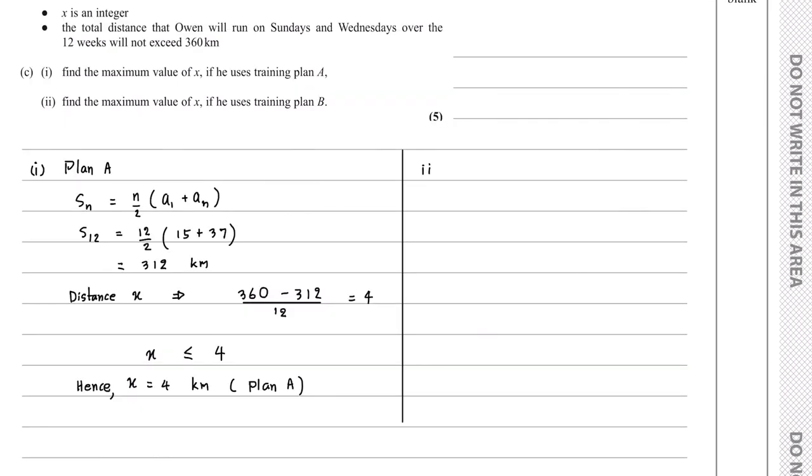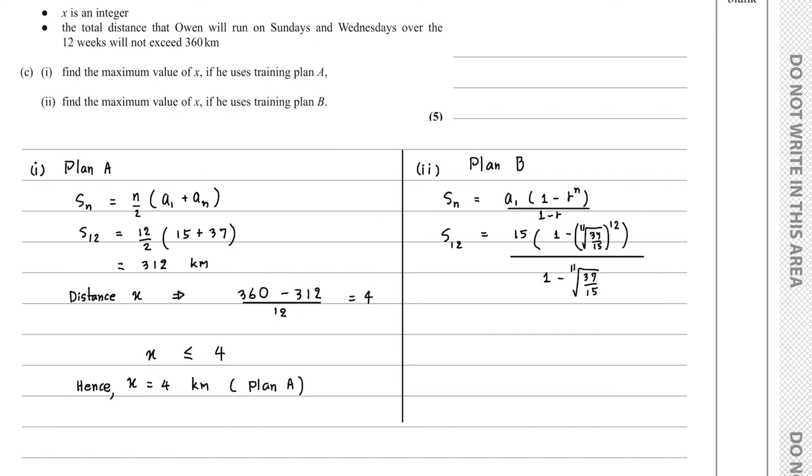Let's move on to Plan B. We can find the total distance from the geometric series, which is this formula, a1 times (1 minus r to the power of n), divided by (1 minus r). So in this case, we have the total distance as S12, which is 15 times (1 minus the 11th root of 37 over 15, to the power of 12), divided by (1 minus the 11th root of 37 over 15).